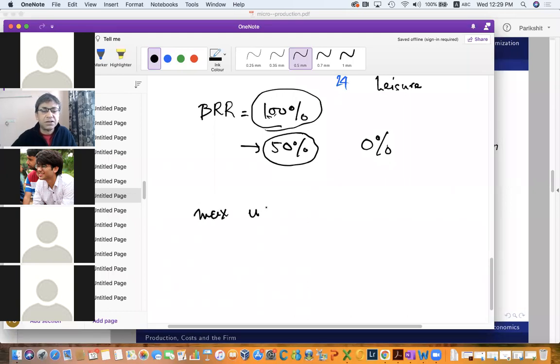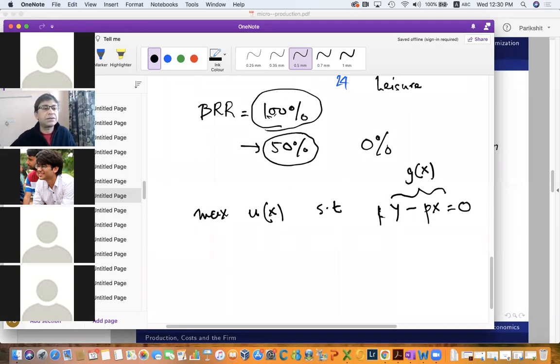Maximize utility subject to y minus px equal to 0. All right. What is the dual of the consumer's problem? This is the constraint function gx. Minimize it subject to constant utility.